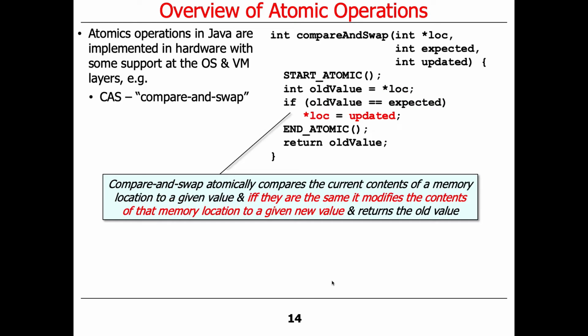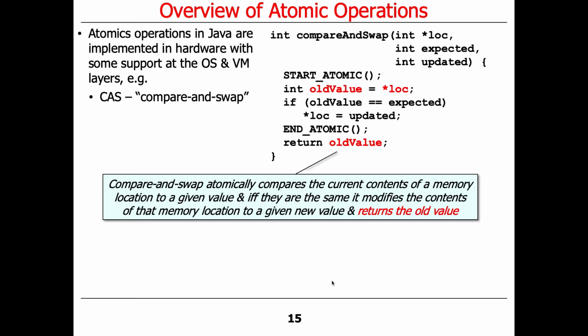And if it is, and only if it is, because it's an if statement, of course, then we're going to update the memory location at that address to the updated value. But if it's not equal, nothing happens. Well, something happens, but nothing interesting from the point of view of a side effect. So if they are the same, the contents of that memory location are modified to the given new value.